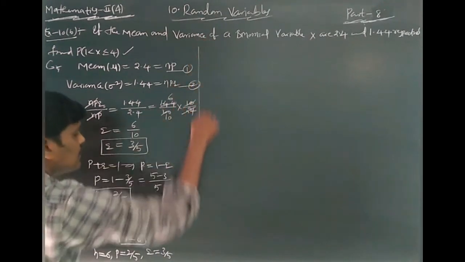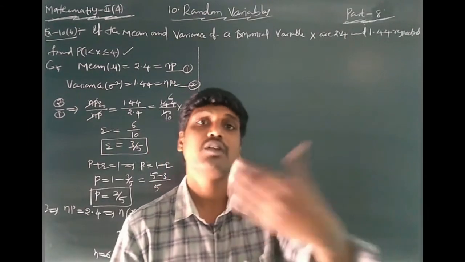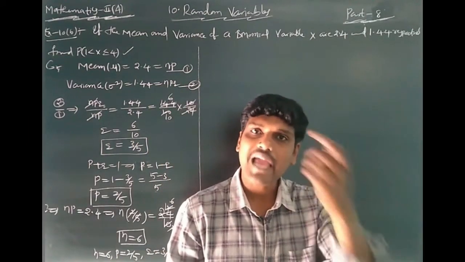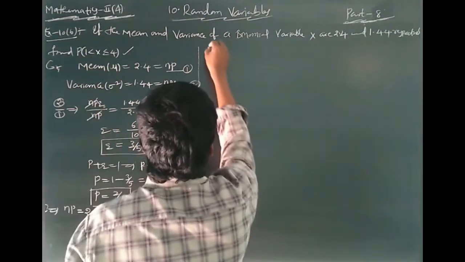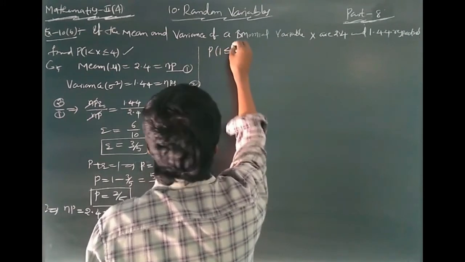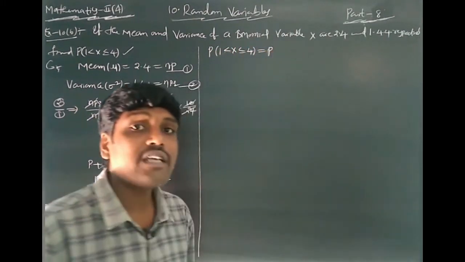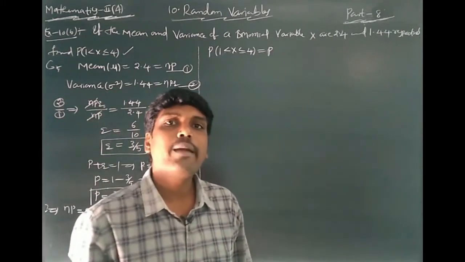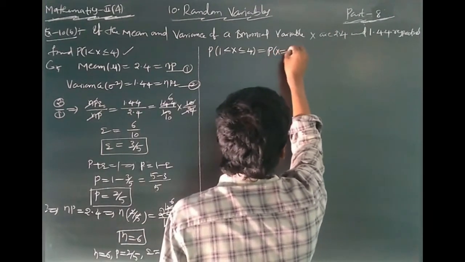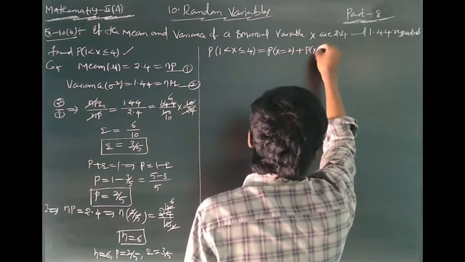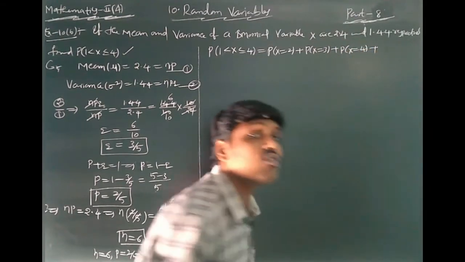You can find the parameters n, p and q by using the mean and variance of the binomial distribution. Next, which value do we find? P of 1 less than X less than or equal to 4. What is the meaning of this? The random variable X more than 1 means 2 is possible, P of X equal to 3 is possible, P of X equal to 4 is possible, and P of X equal to 5.